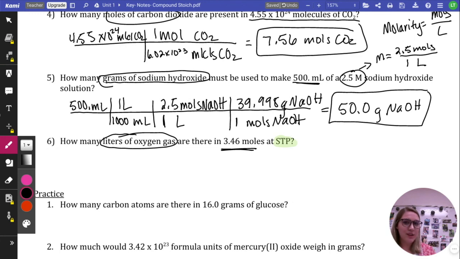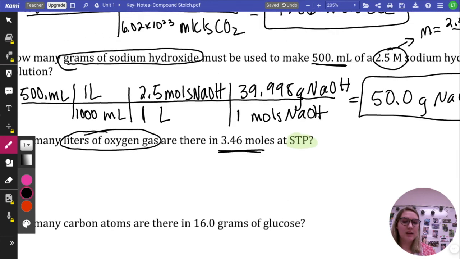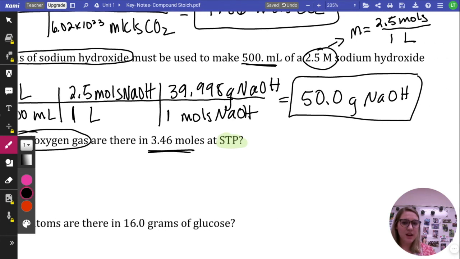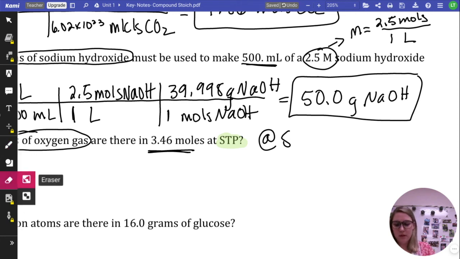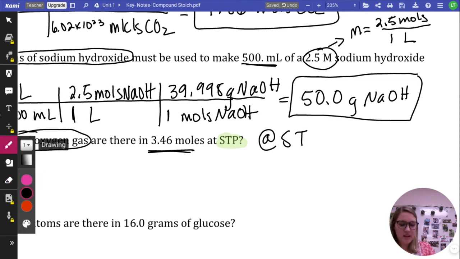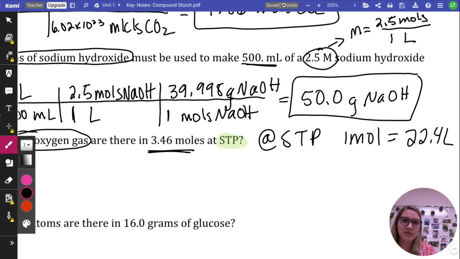So our last unit of the year last year was gases. And for gases, we learned that at STP, all gases have the same volume. So that means that 1 mole of any gas at STP is equal to 22.4 liters.